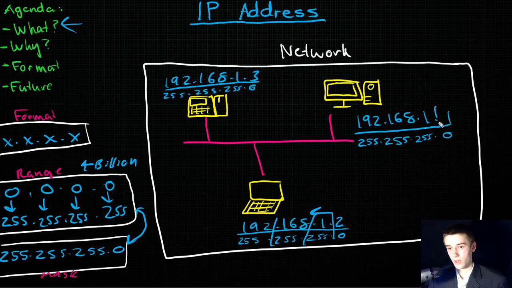I'm just drawing these lines to separate. Where there's the 255, that is the network, and they're all on the same network, so they all have 192.168.1. On the other side, where there's the 0, that identifies the host. This is 1, this is 2, this is 3. So the mask is always paired with the IP address. That's how the protocol was designed to work.